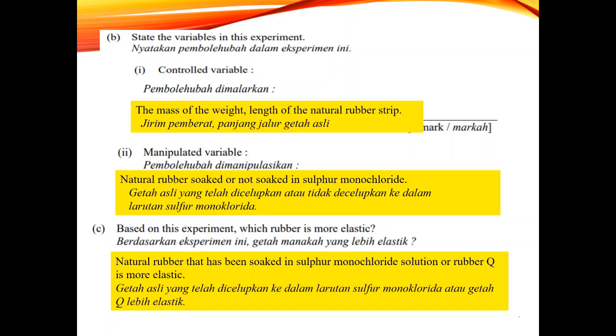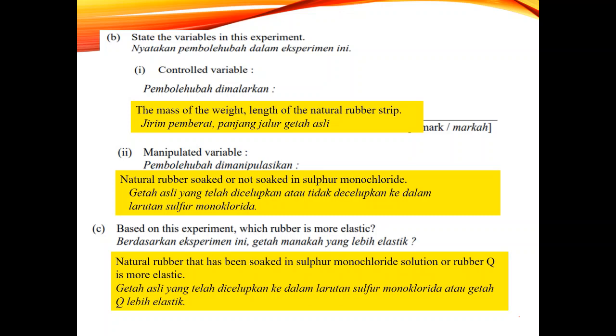From the result of the experiment, you can see the rubber that is soaked in the sulfur monochloride solution maintains the initial length, that is 10 cm, which means it is more elastic compared to rubber P, which is not soaked in the sulfur monochloride solution. So you need to write like this: natural rubber that has been soaked in the sulfur monochloride solution, or you can just mention rubber Q is more elastic than rubber P.